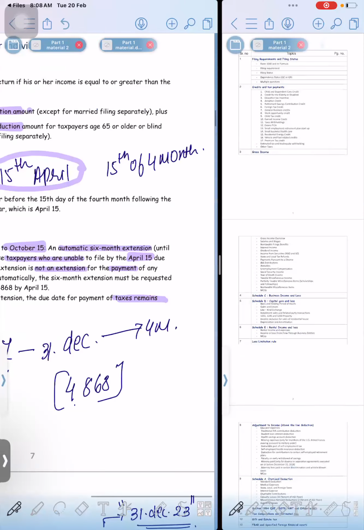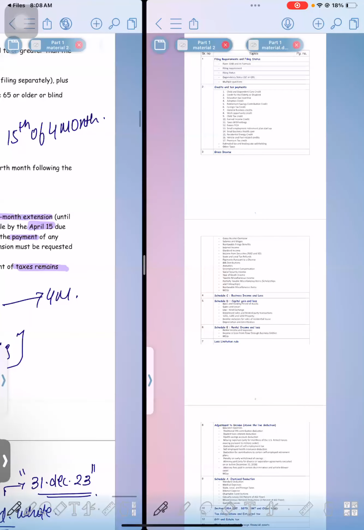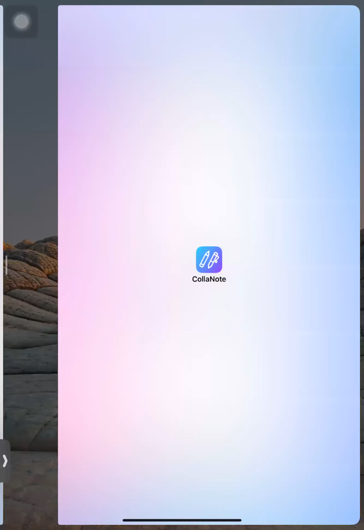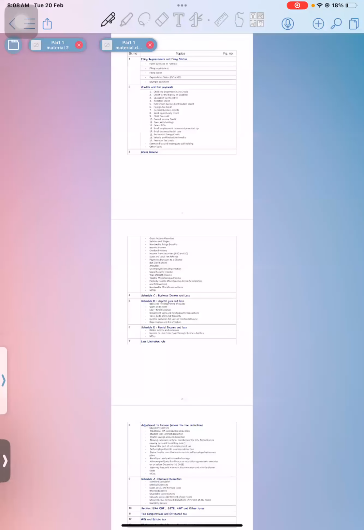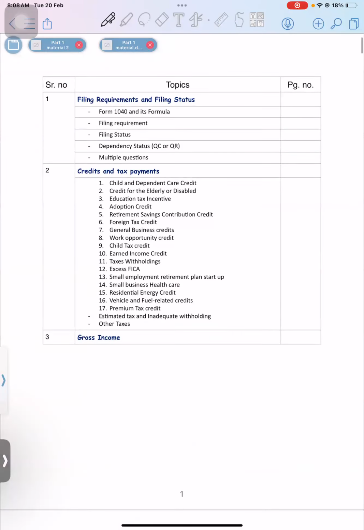Okay. Are you able to see the screen, guys? Yes or no? Yeah, we were able to see. Okay. Okay. I was not able to see the chat box.